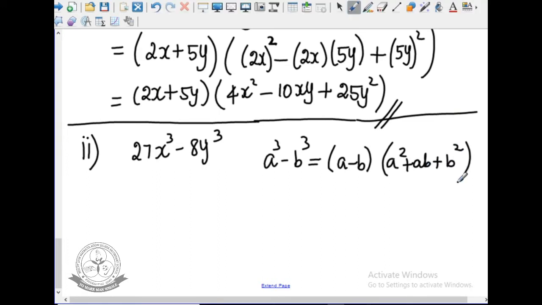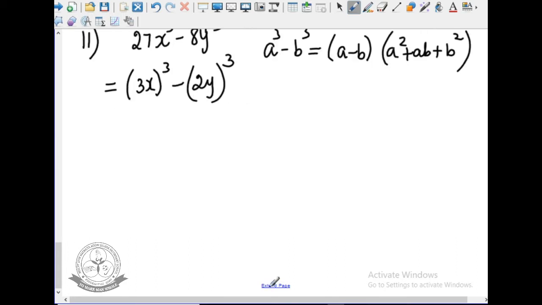Okay, so we can make it as 27 is the cube of 3, so 3x whole cube minus 2y whole cube. Okay, so here this is the a value and this is the b value.